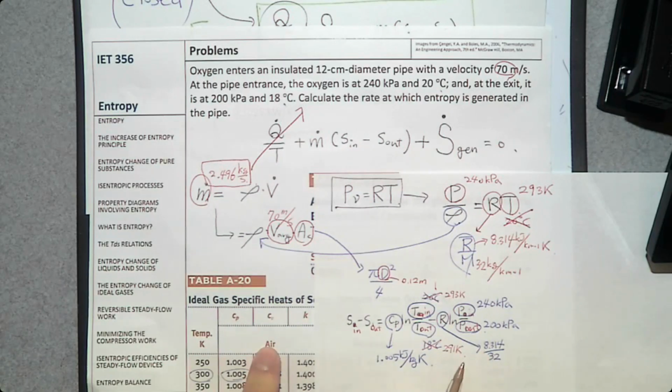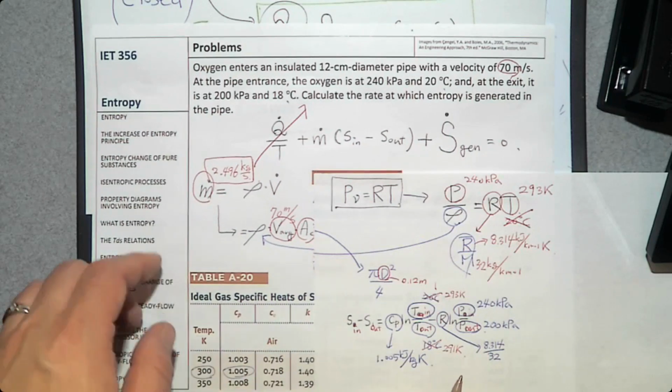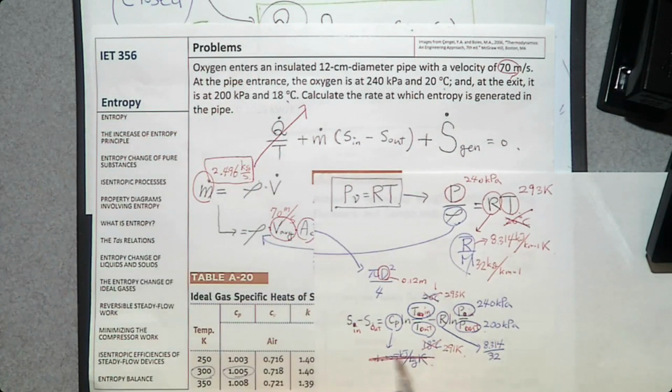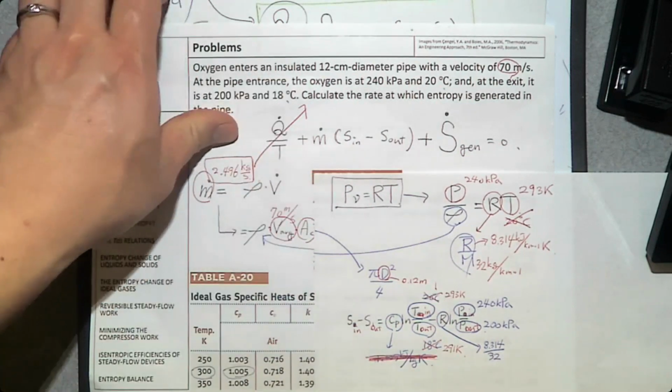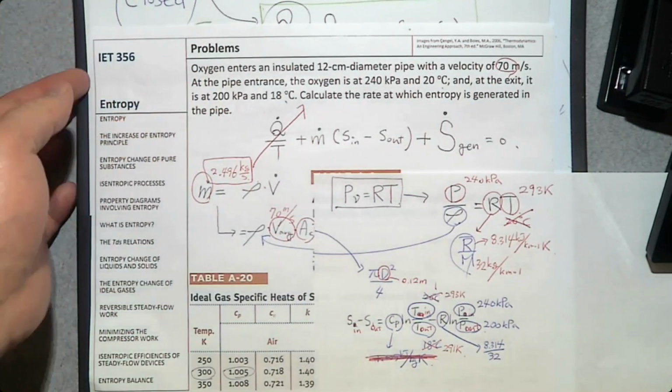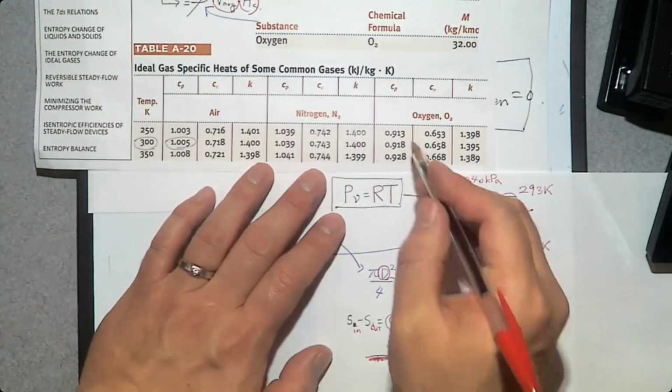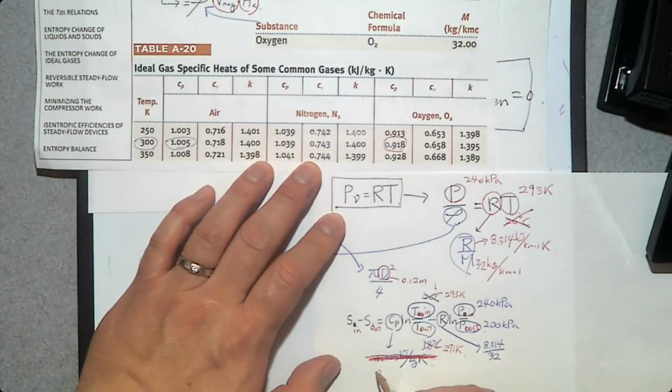Wait, this is air. Don't use this value. This is air. Oh, our system is oxygen. Oh, what am I doing? So I'm going to use this value, 0.918 kilojoule per kilogram Kelvin.